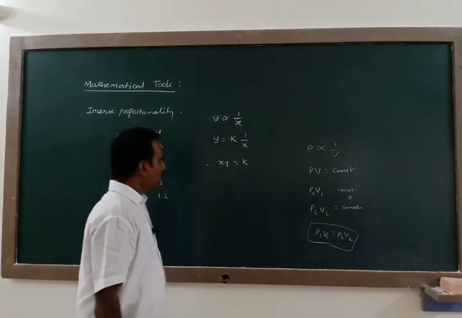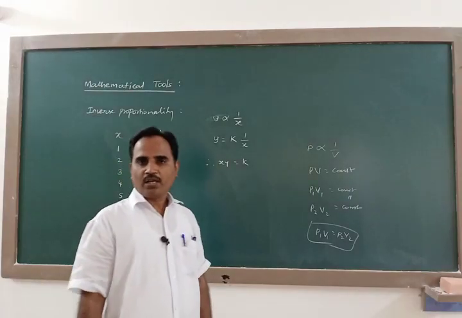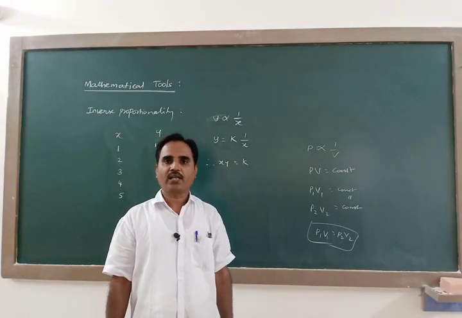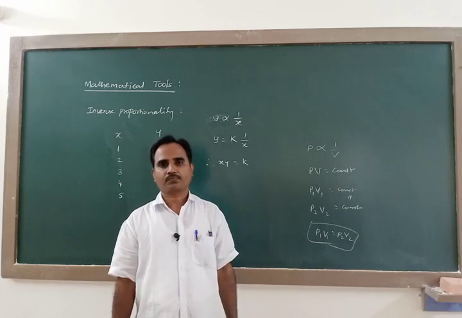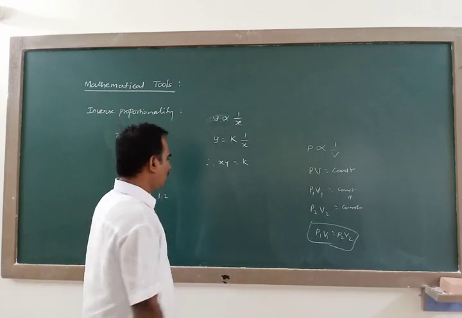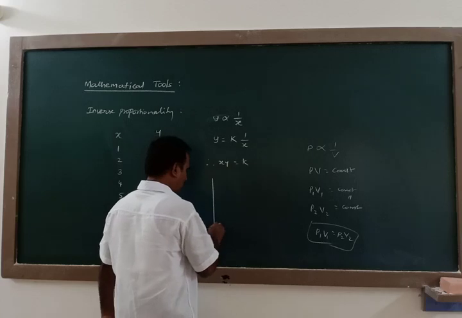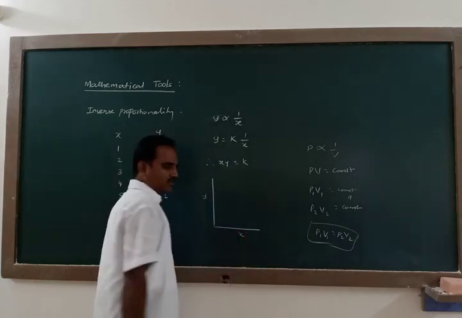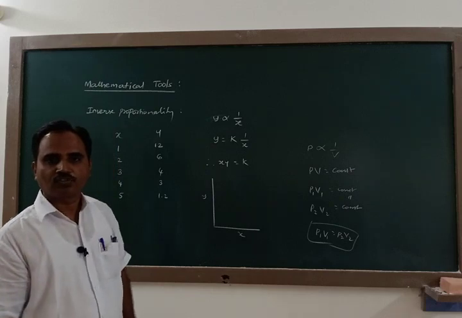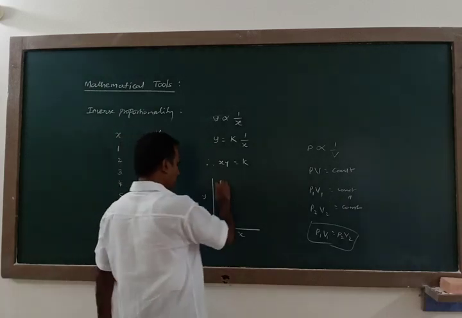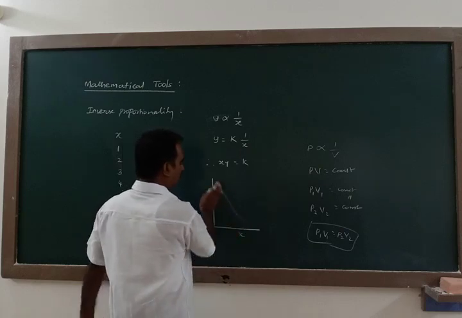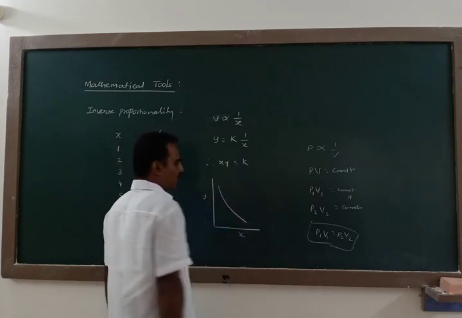And also, when two physical quantities are inversely proportional like this, if you plot a graph of them like this, you will get a curve like this.